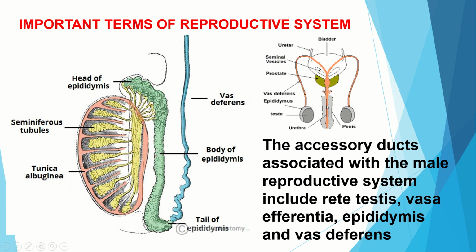This urethra is a common passage for urine as well as the sperm. This is about the male reproductive system, and these are the accessory associated male reproductive parts, that is testes, rete testis, vasa efferentia, epididymis and vasa deferens, everything.